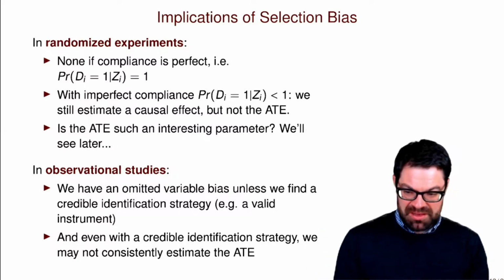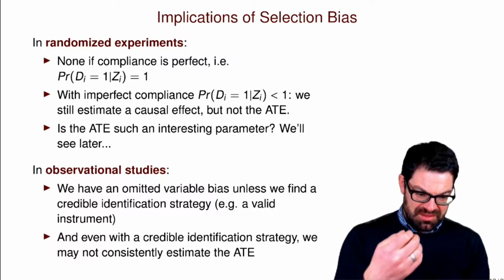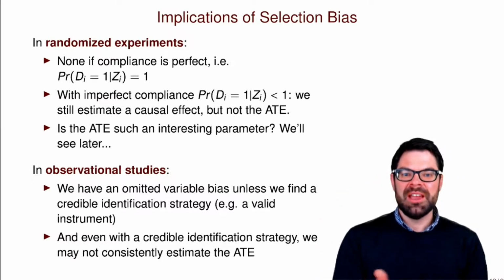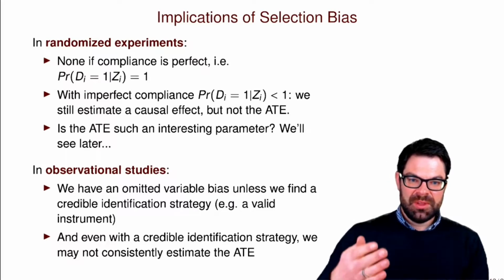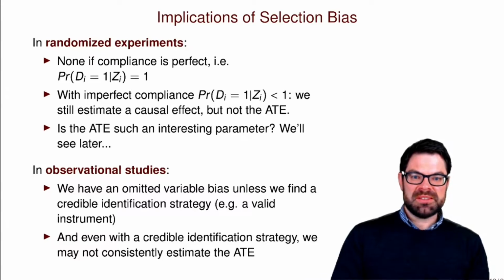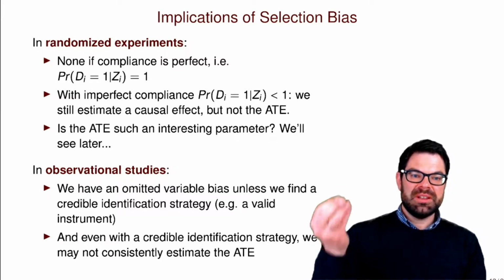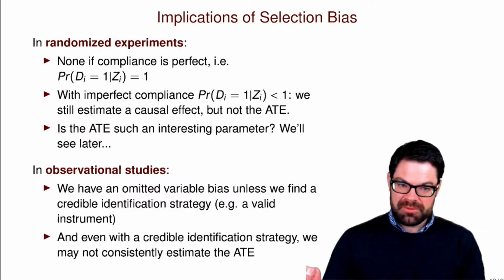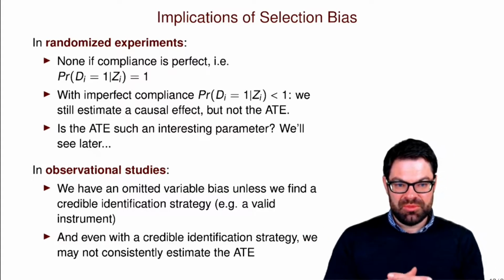The instrument was randomly assigned, and then those who received the invitation to get treated, for example a voucher, then choose or do not choose to get treated. So what we would get from a randomized experiment with imperfect compliance is still a causal effect, but it's not the average treatment effect. It's something else. It's a local average treatment effect, or depending on what estimator we're really using.